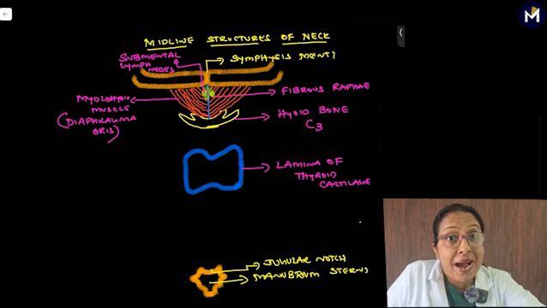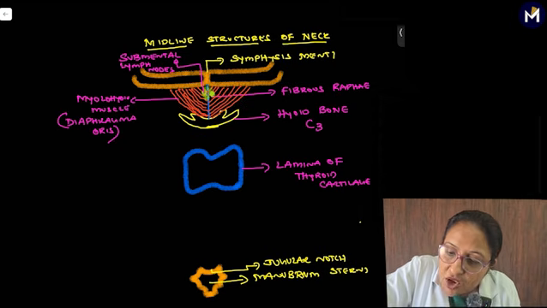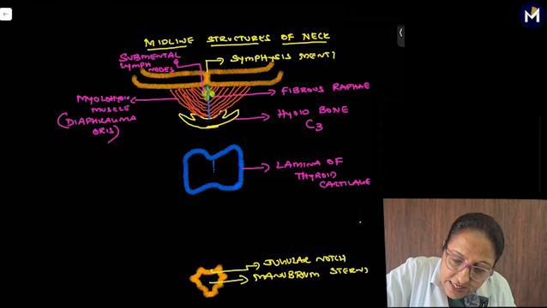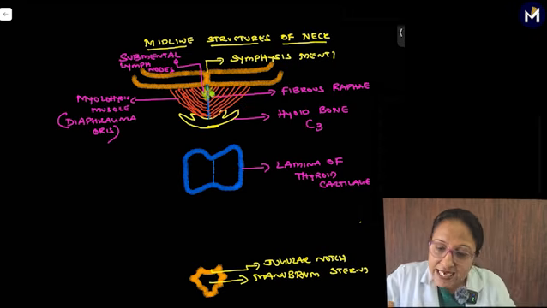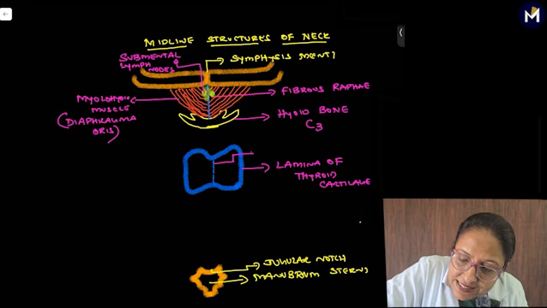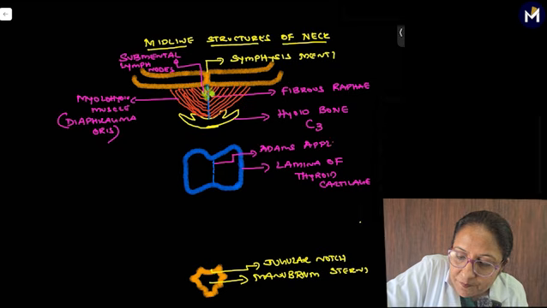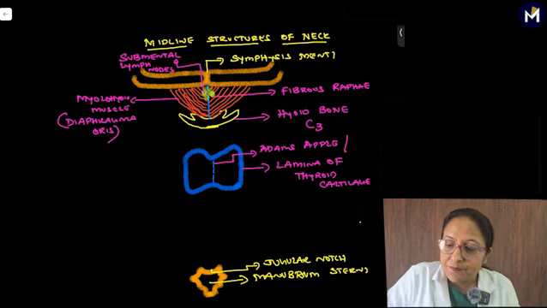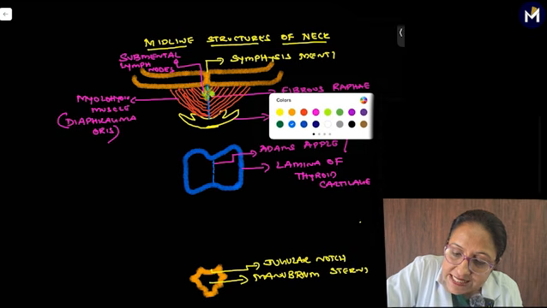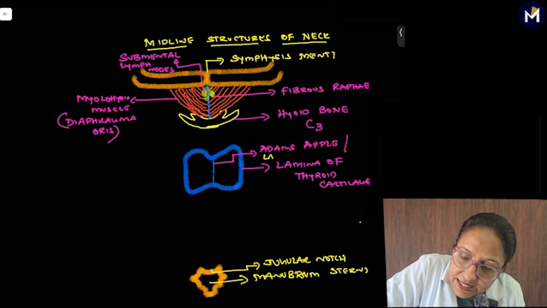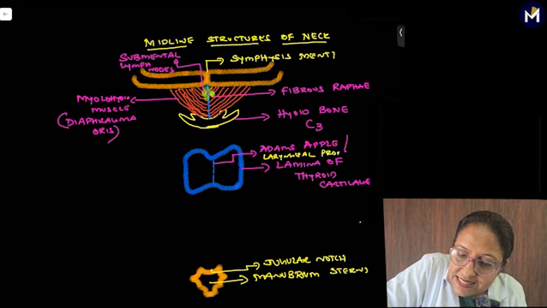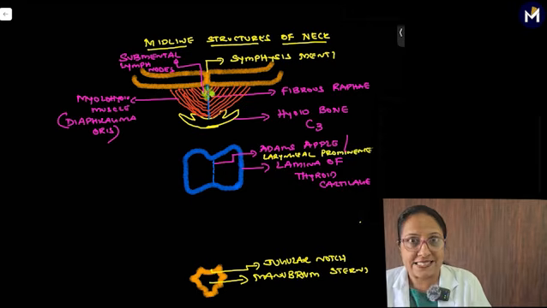This is lamina of thyroid cartilage, which will meet somewhere here in the center, in the midline, and this is called Adam's apple, or we can also call it laryngeal prominence.